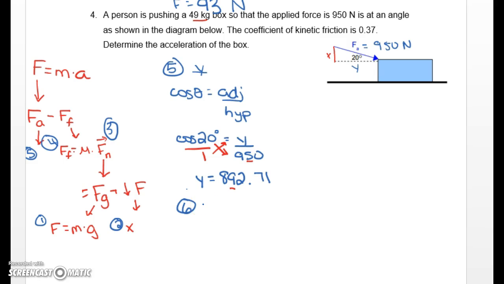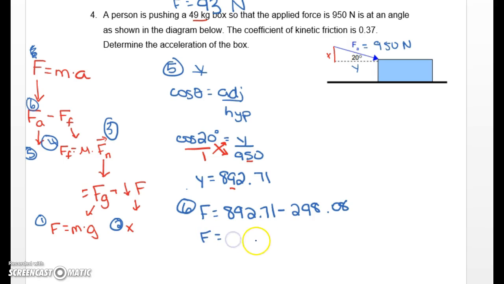Step number 6, now we're going to find that overall net force happening on this. So that's your applied force minus that frictional force. So this will be step 6, or I guess 6 will be right here. So that's going to be the applied force, which we found here was 892.71, and subtract the frictional force, which we had calculated earlier to be 298.08.